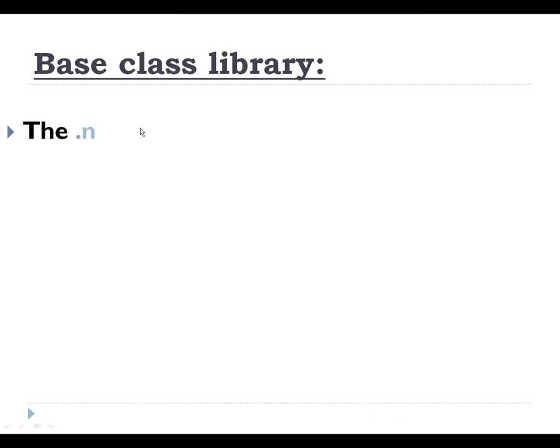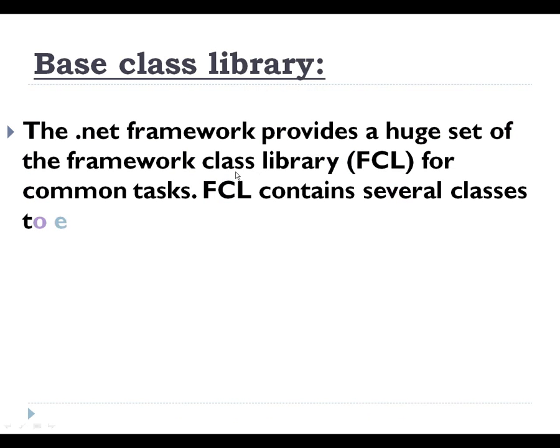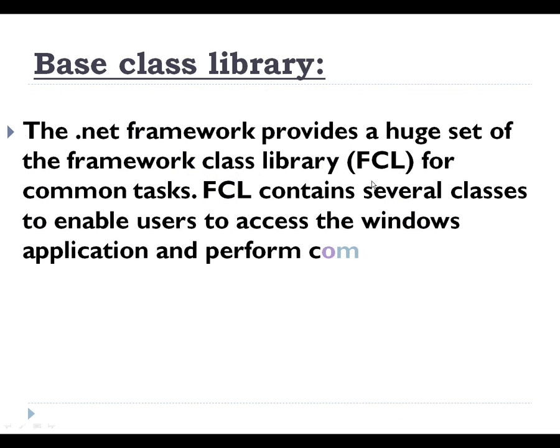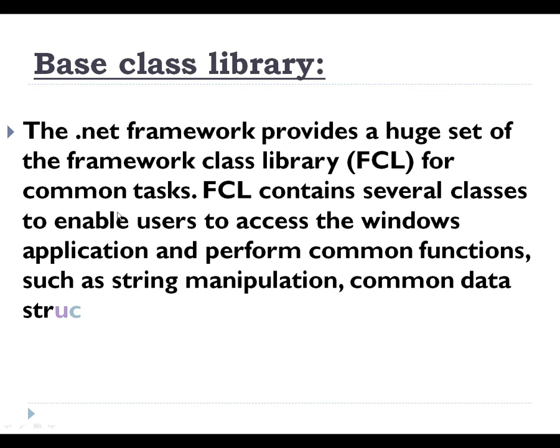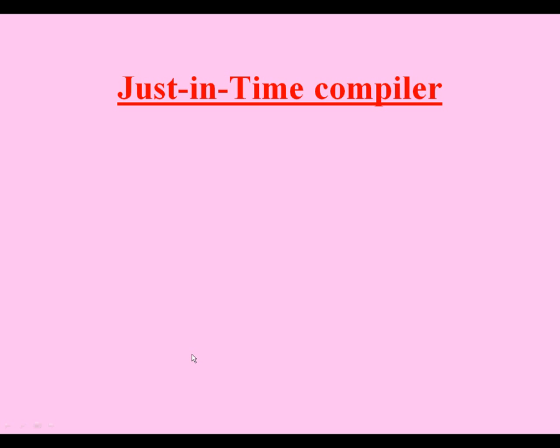Base class library. The .NET Framework provides a huge set of the framework class library, that is FCL, for common tasks. FCL contains several classes to enable users to access the Windows application and perform common functions such as string manipulation, common data structures, input-output, web programming, and data access.